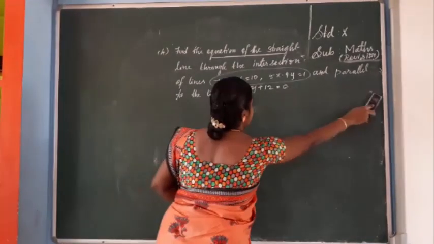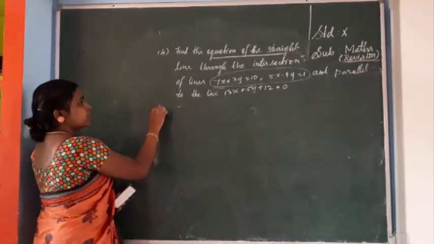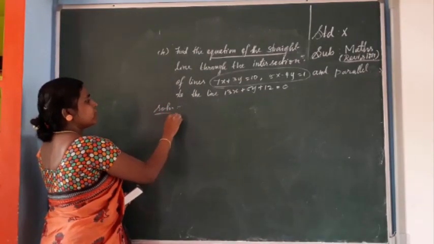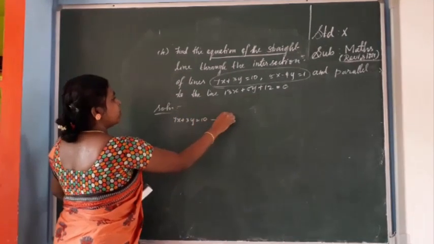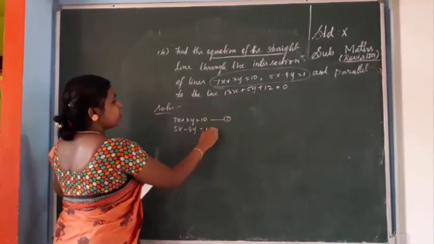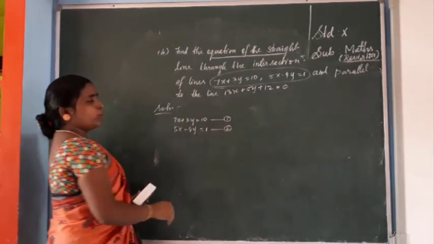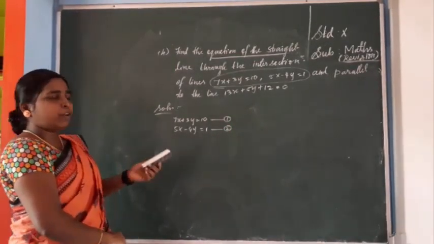First we are going to solve the equations. The first equation is 7x plus 3y equal to 10. The second equation is 5x minus 4y equal to 1. If you want to use the elimination method, any one of the coefficients must be equal, isn't it?